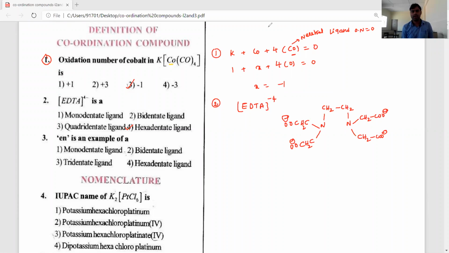How many donor atoms are present here, students? Nitrogen has lone pairs, so that is 1, 2, and oxide ions 4 are present, acetate ions 3, 4, 5, 6. So 6 donor atoms are present.